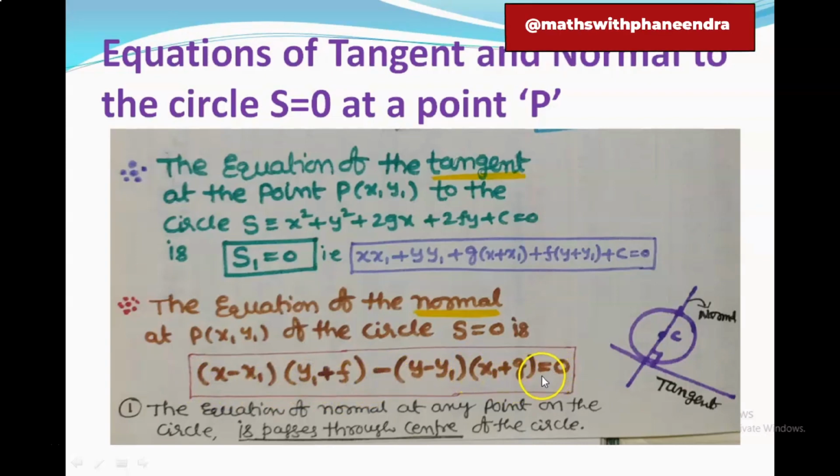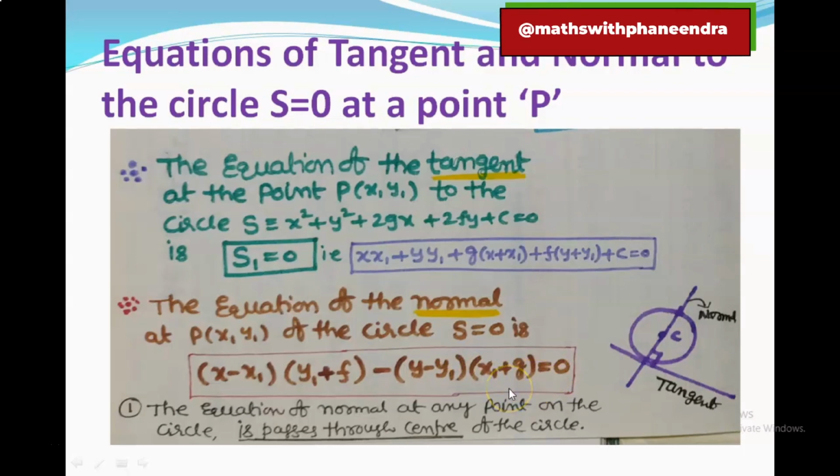And regarding the normal equation, one important point is there. Observe in the diagram, the normal at any point on the circle always passes through the center of the circle. You have to remember, the equation of normal at any point on the circle passes through the center of the circle.